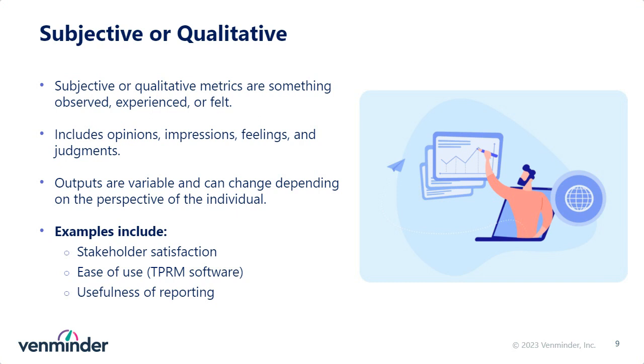Now, in contrast, we have subjective or qualitative metrics, quality being the key word here, something that can be observed, experienced, or felt, right? So when we're looking at these kinds of metrics, we're really thinking more about opinions, impressions, feelings, or judgments. The outputs can vary a lot, and they can also change depending on the perspective of the individual.